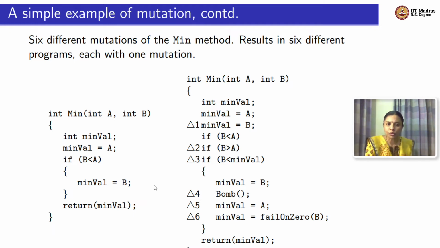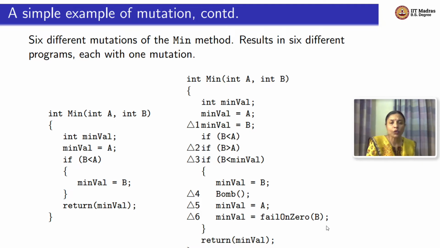So the fourth mutant takes this ground string on the left hand side, replaces min_val equal to b with this special statement called bomb. Fifth mutant just takes the same min_val equal to b, replaces b with a. That's this delta 5 here. Sixth mutant again makes the copy of the ground string, takes the statement min_val equal to b inside the if statement and replaces b with fail on 0 b.